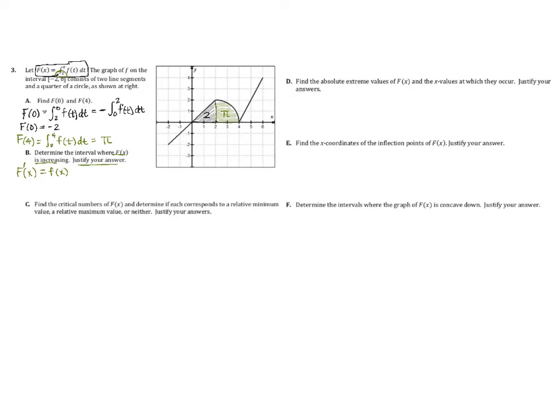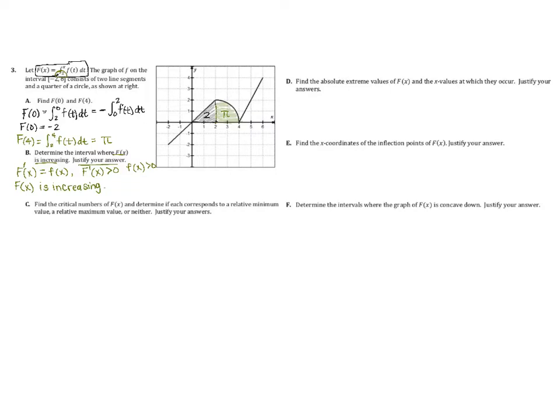I know that to be true, and I also know that where f prime of x is greater than 0 or positive, then f of x is increasing. So there's my justification. I'm just stating the rule that we're going to use.